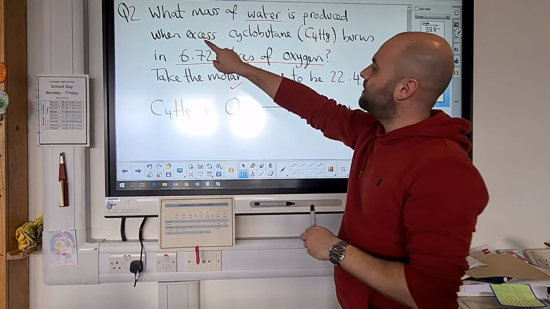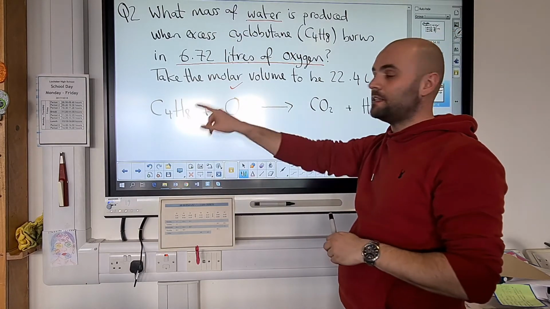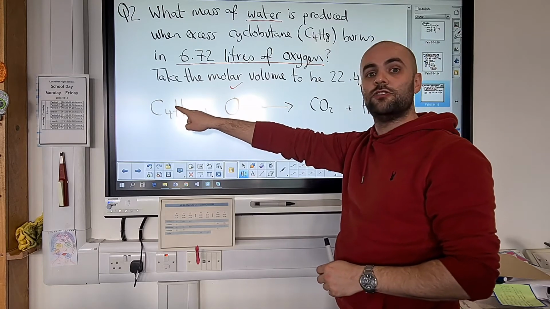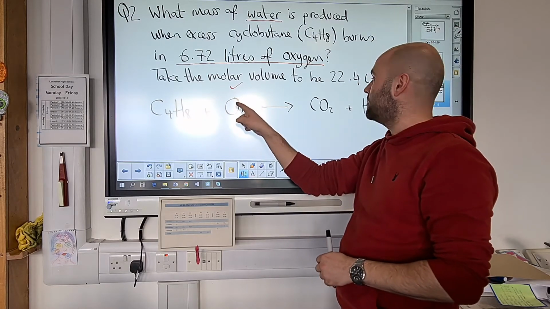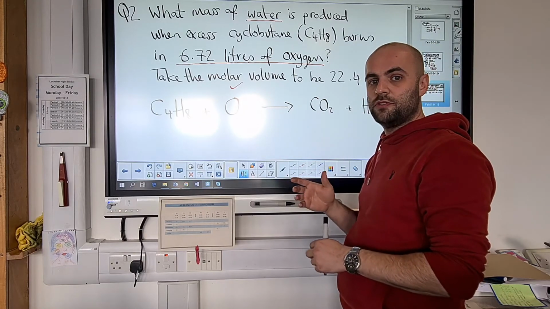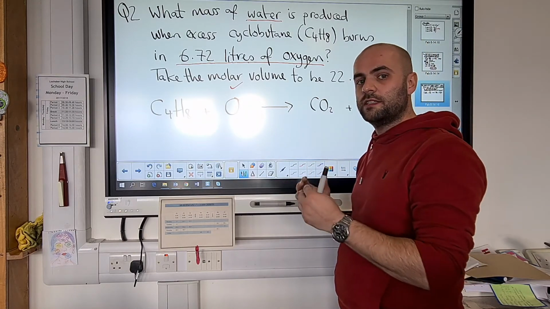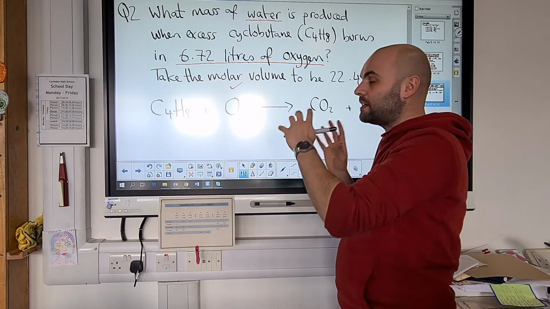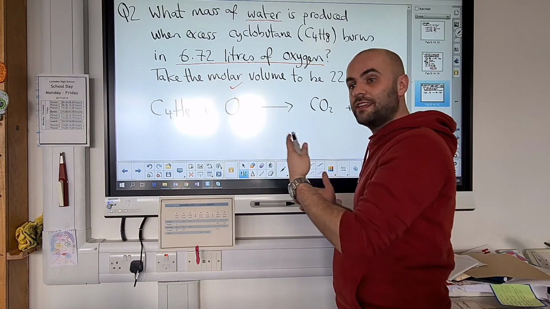Where it's saying excess cyclobutane, this basically means that we've got plenty of cyclobutane. This is not going to run out. It's the oxygen that decides how much CO2 and how much H2O we're going to produce. If this doesn't make sense, that's fine. Just as I said, try and underline or tick the things that the question is clearly asking you to do.